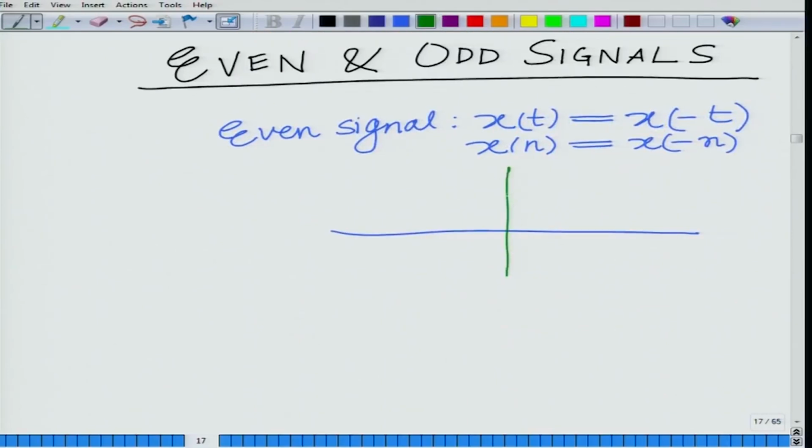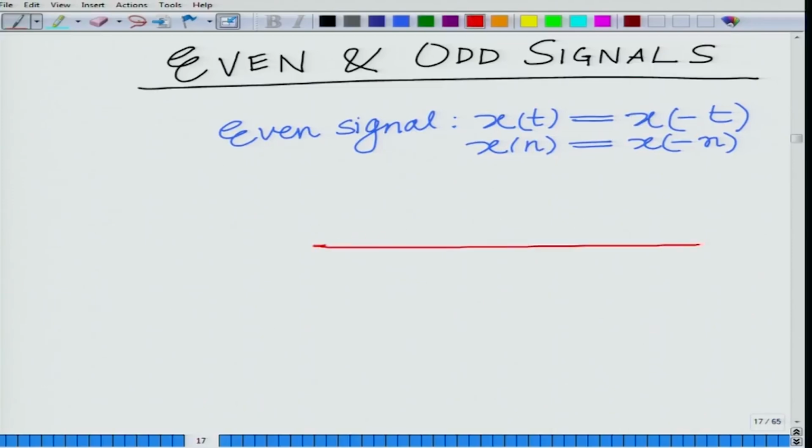that is your cosine 2 pi f c t. For instance, let me just draw it. So, this is your cosine 2 pi f c t.